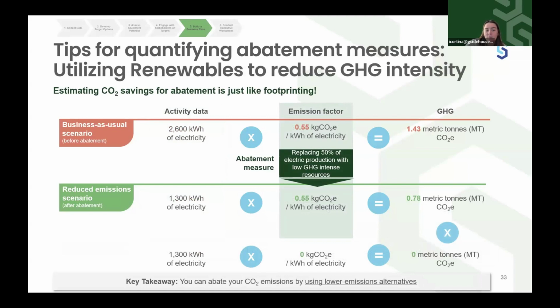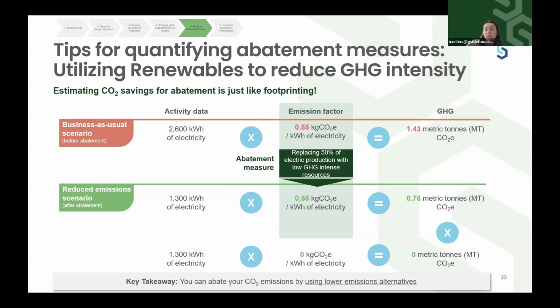And since that renewable energy source does not generate emissions, the emission factor is 0. Since it's only half in the reduced emission scenario, you can see that half of the electricity consumption would be applied with that same emission factor, but the other half would have a 0 emission factor since there's no longer any emissions associated with those energy sources.